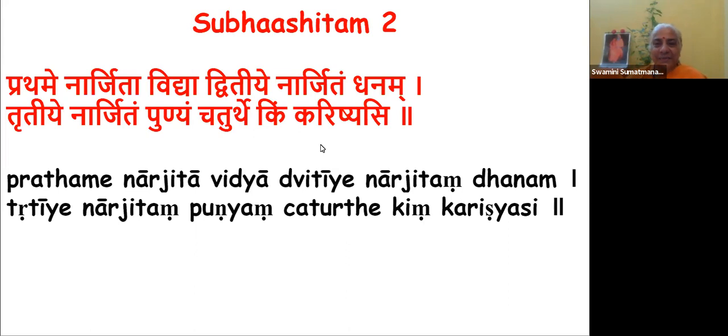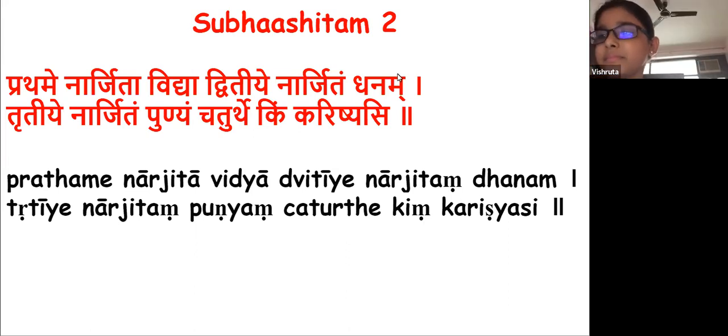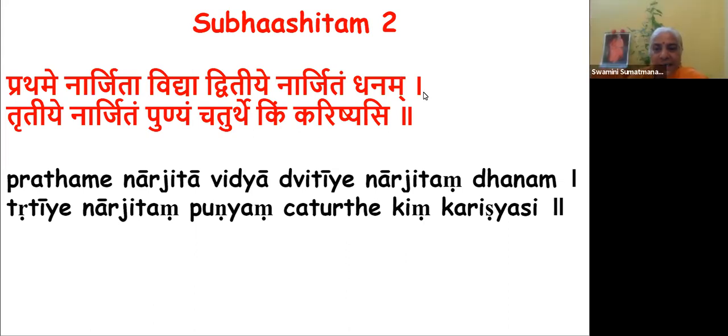Excellent. Also very well. Thank you, Vishruta. So you see in the Subhashitam, did you see the CA? CA came, so we said Chaturthe. So just spot out the CA, and then in Sanskritam, we saw in the Varnamala, it stands for Cha, Chaturthe.